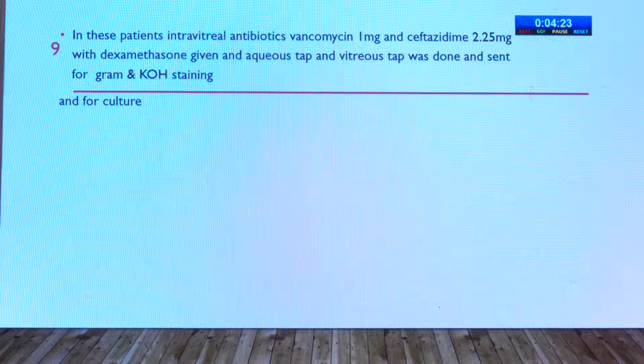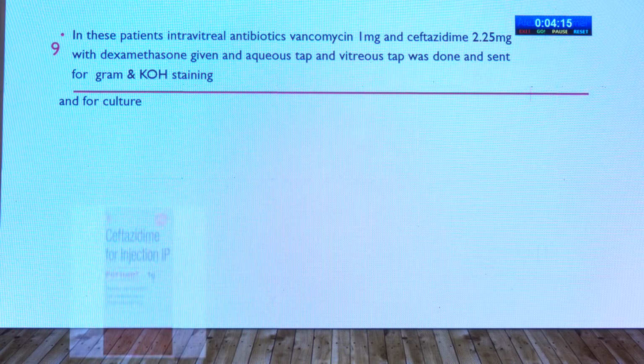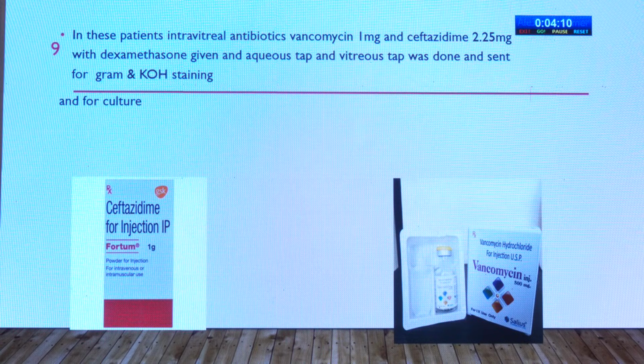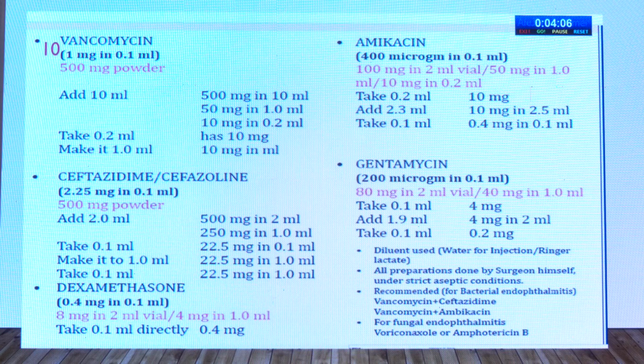As these patients were referred to us, intravitreal antibiotic injection had not been given. So we injected vancomycin and ceftazidime with dexamethasone and took a tap for Gram staining and KOH staining according to the protocol.